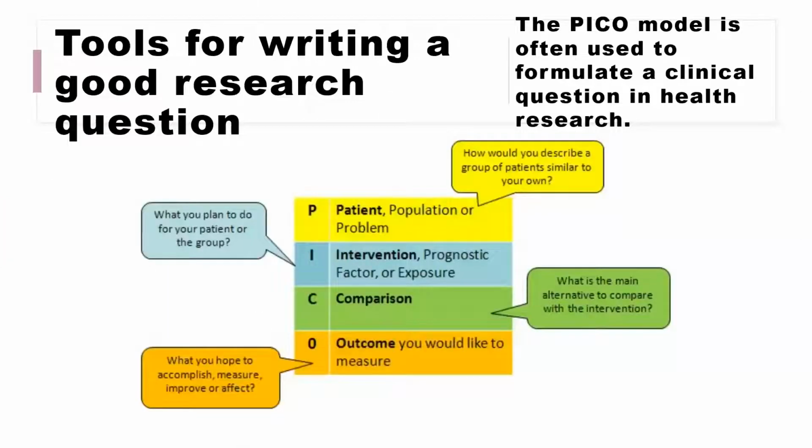Luckily, there are tools that can help you write a good research question. So this is just one example of a tool, which is the PICO model, and it's often used to formulate a clinical question in health research. So those kind of traditional systematic reviews that are looking at the effectiveness of a particular intervention.